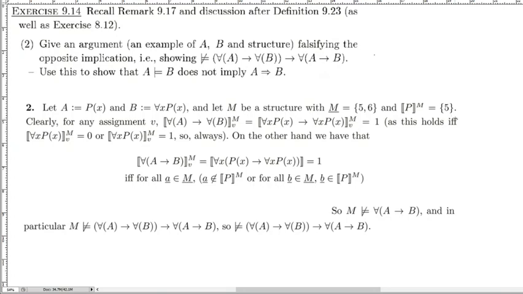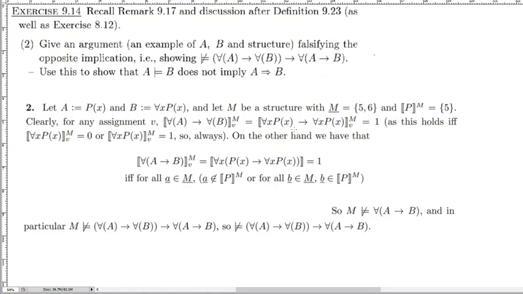So now let's look at what this interpretation has to say for our formula. Our first part here, clearly for any assignment V, this is true. So this holds if either the first part is false, or the second part has to be false.